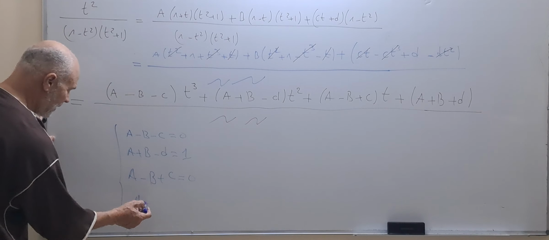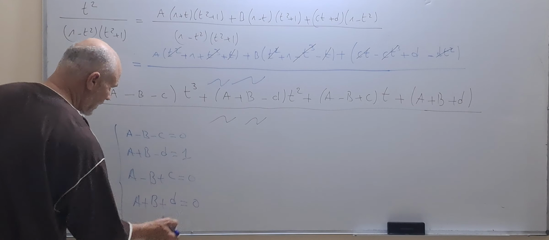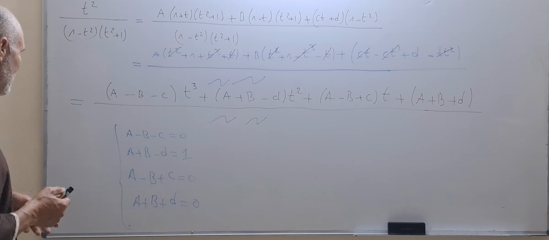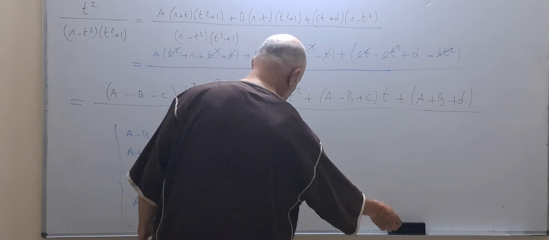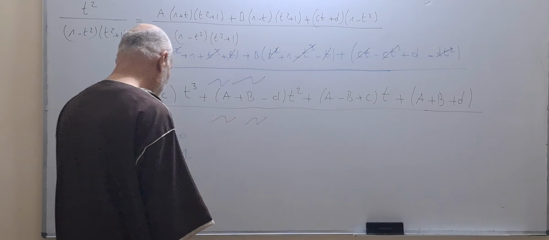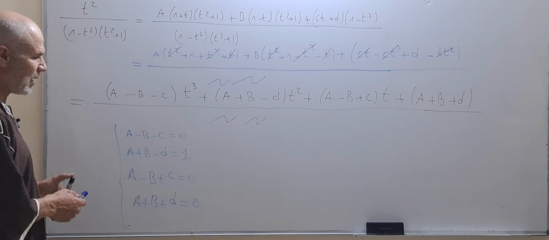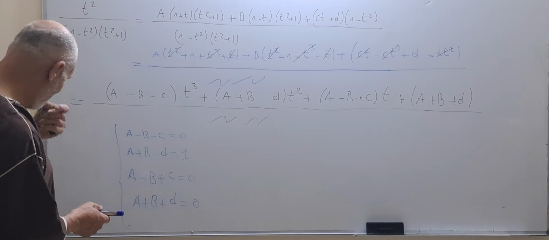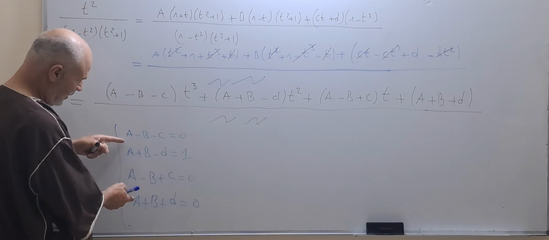And a plus b plus d equal 0. We have 4 equations and 4 unknowns. We will try to find the solution, if we can apply the Fontené-Rouché-Cramer theorems or not.